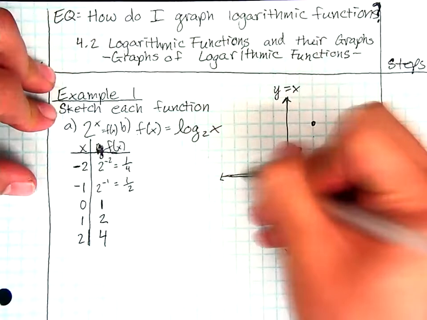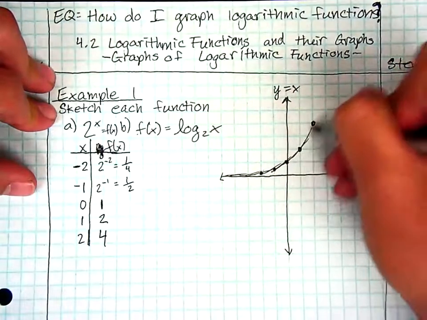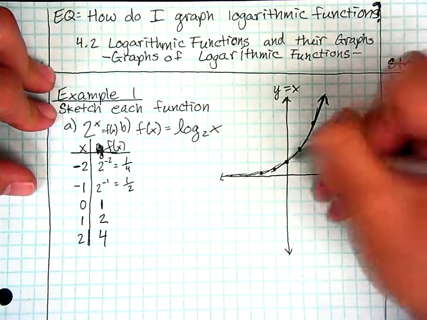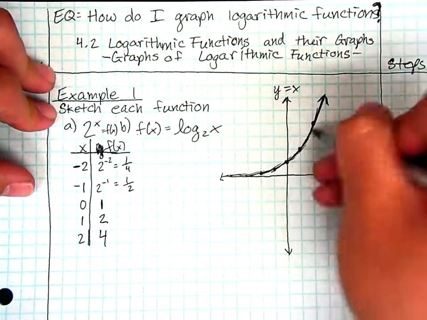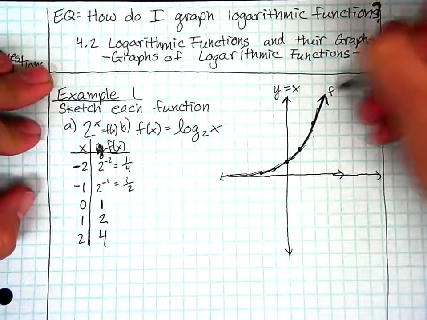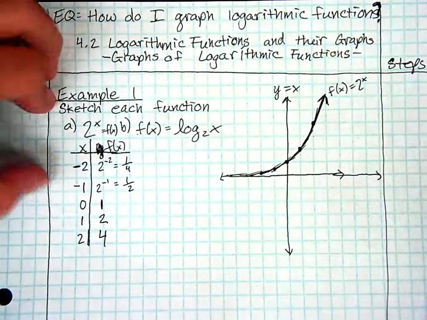So here is my exponential function. We already know from previous sections that this thing is going to glide right along the x-axis because it has a horizontal asymptote right there, and it's just going to keep on going up, up forever. Okay, so that's our exponential function f of x equals 2 to the x.